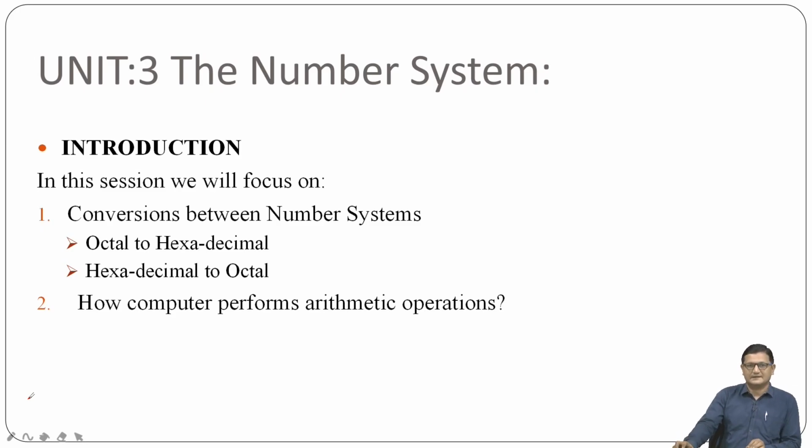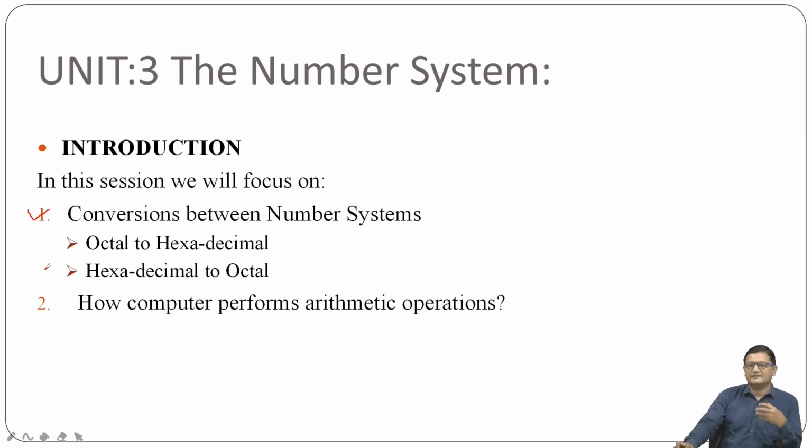Now in this session we will see how we can convert any hexa number given to you into the octal number system, or if an octal number is given and you want to convert it into hexadecimal, what we need to do.